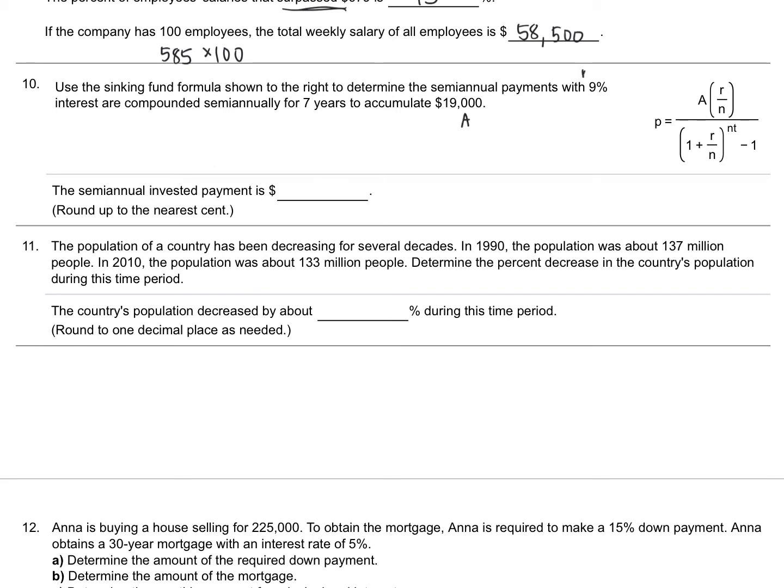The R is 9% as a decimal, so 0.09. The N, since it's semi-annually, that's twice per year, so that's 2. And the T is 7. So simply plug that information into the formula, put it in your calculator to get the answer. When you do that, you will get $1,003.59.